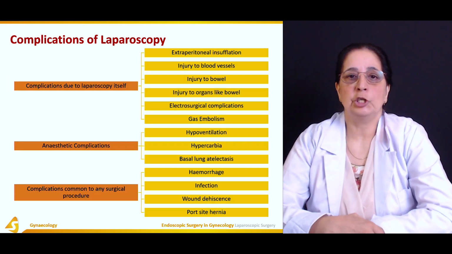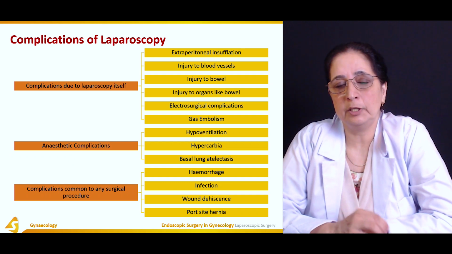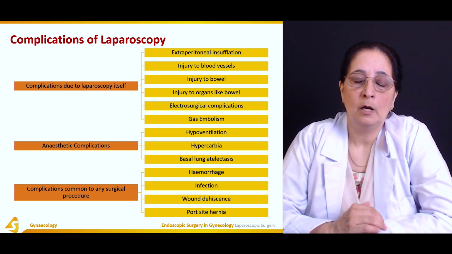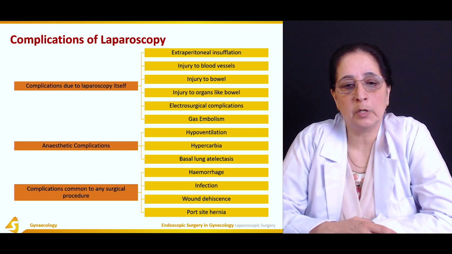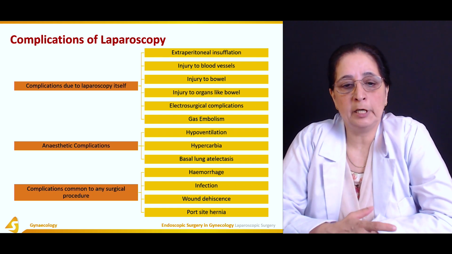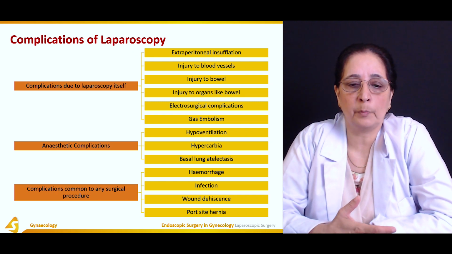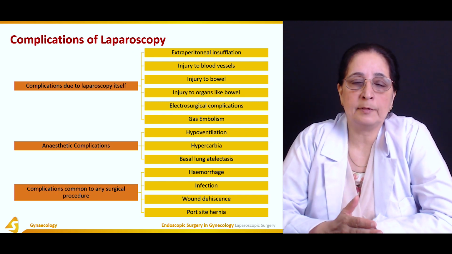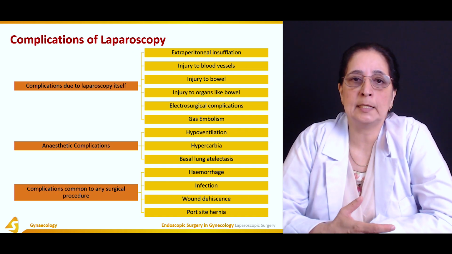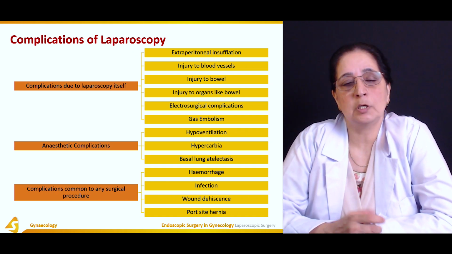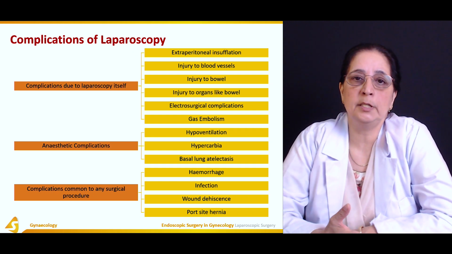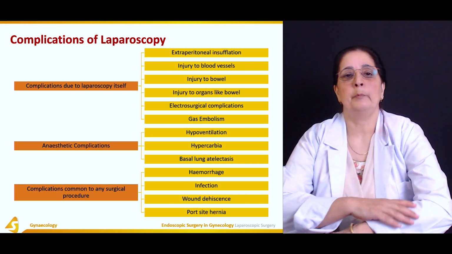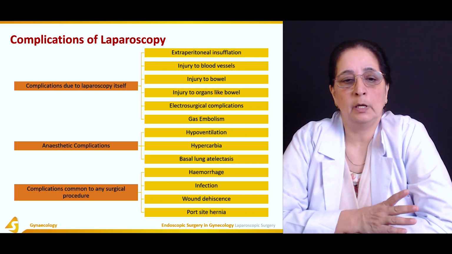Now, some complications of laparoscopy. All surgical procedures, whether minor or major, have some complications. No procedure is usually without any complication. So there are complications due to laparoscopy itself, complications with the use of anesthesia, and complications depending on what surgical procedure we are performing through the laparoscope.